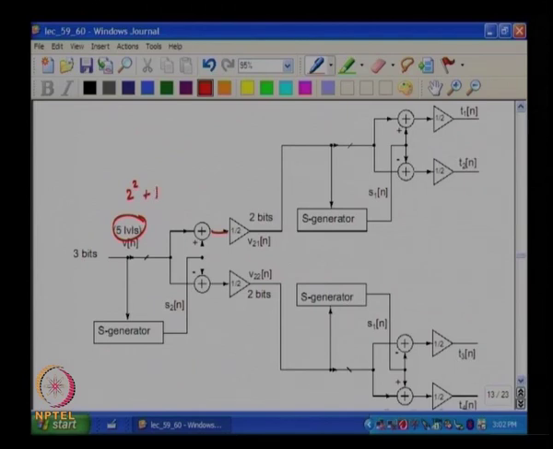So, how many unit elements must be there finally? If you have 5 levels, how many unit elements must be there? 4, correct.